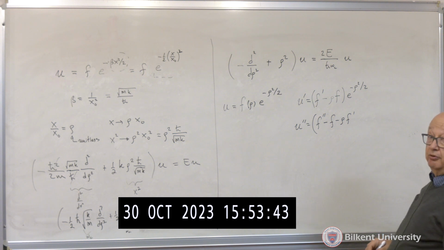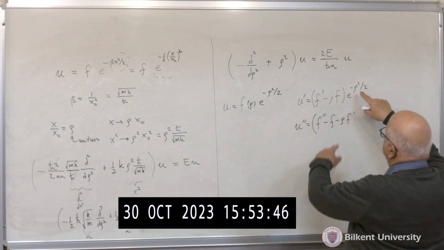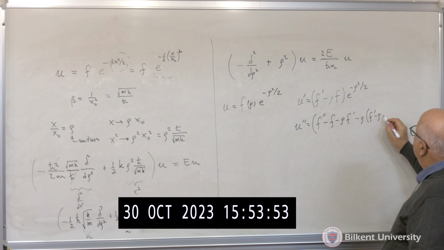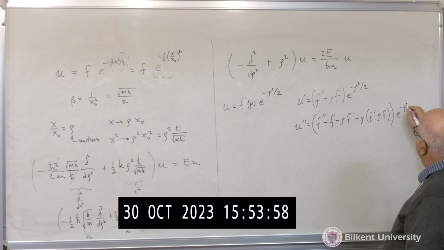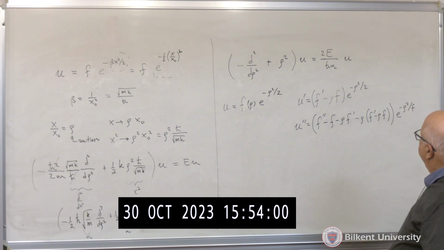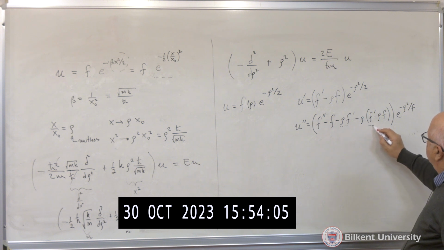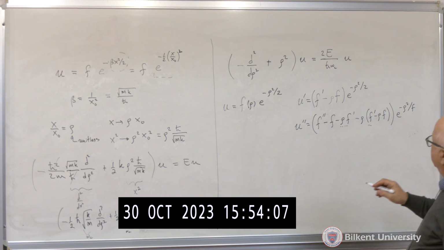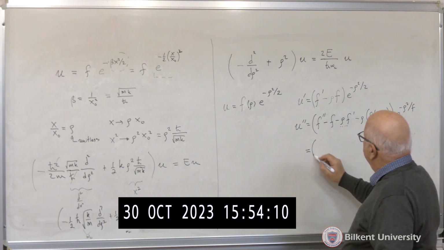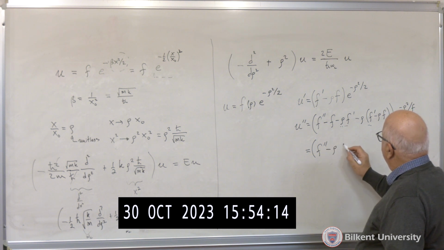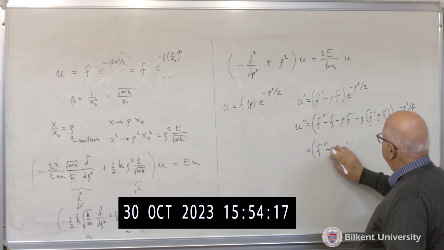But then I also have to multiply this by the derivative of that, so that's going to be minus rho f prime minus rho f, times e to the minus rho squared over 2. There are two terms of rho f prime which I can combine together. In fact, let me do it. So this is going to be f double prime minus 2 rho f prime.